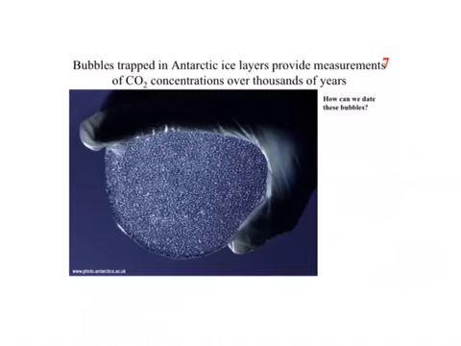So the one exception is that we can take ice cores from Antarctica, which go fairly far back into geologic time. And we can actually probe these bubbles within the ice cores and figure out carbon dioxide concentrations in the atmosphere during that period of time. But then we have to link that up to a date. So how do we date these ice cores?